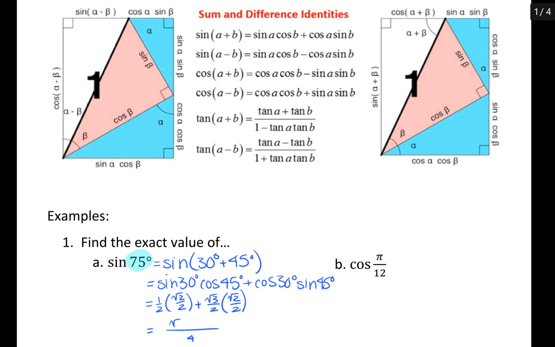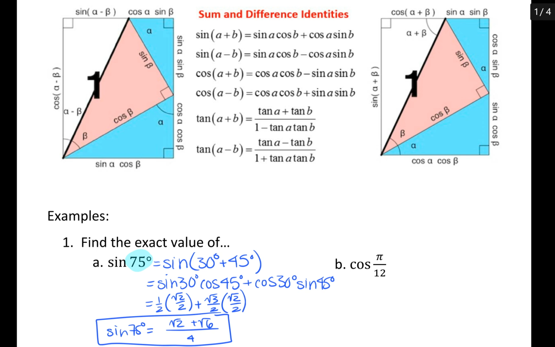And so then I have the square root of 2 plus the square root of 6 all over 4. So I've not only been able to calculate the sine of 75 without using my calculator, I was able to get an exact value as well. Which is pretty cool, to be able to get an exact value and not have to have a decimal, not have to have rounding and things like that.